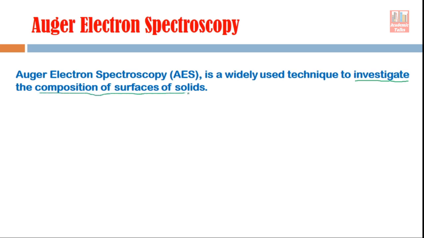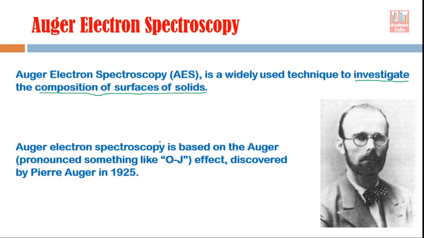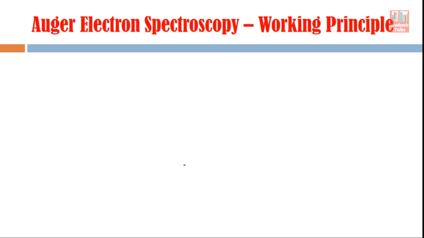So if you have a solid sample, we can characterize its surface to find out its composition, meaning what kind of element is present at the surface, that we can identify very easily with the help of this very sophisticated characterization tool. And this technique was discovered by a scientist whose name is Auger, and this discovery was done in 1925. So you can see it's pronounced as Auger, right? So it's a useful technique.